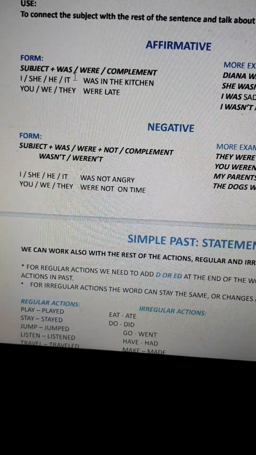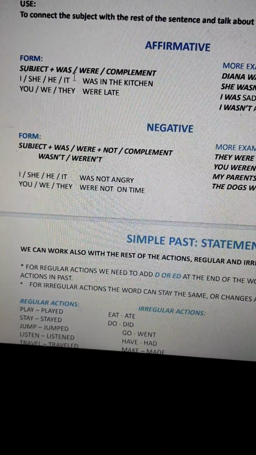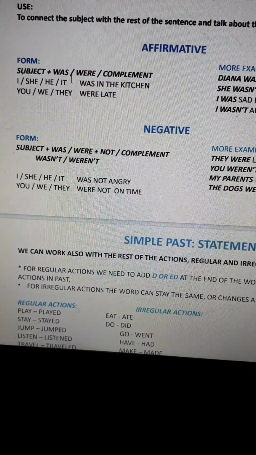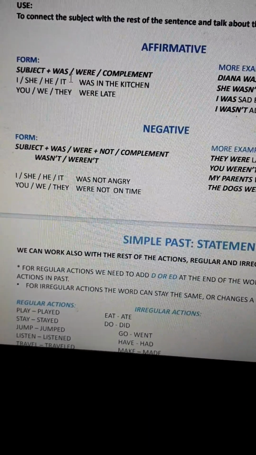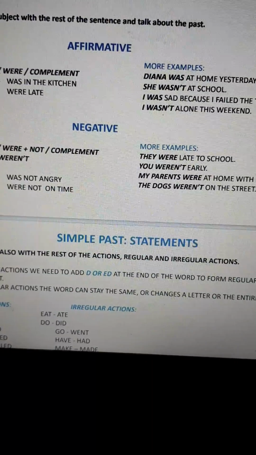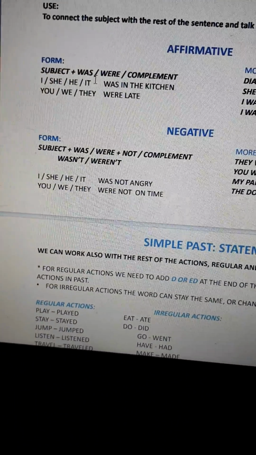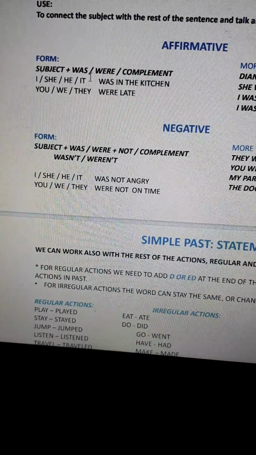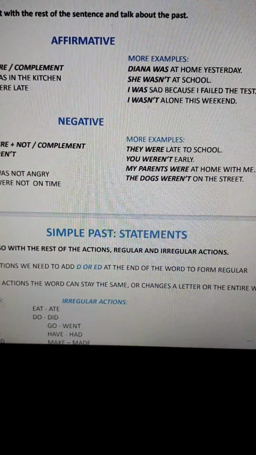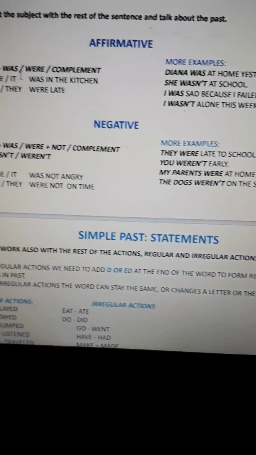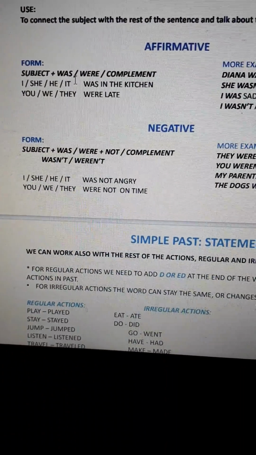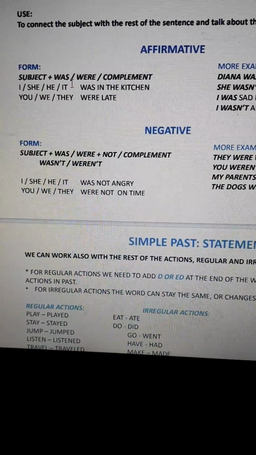If you're going to work with I, he, she, and it, we're going to use was, if you're working with the verb to be, as I already said, right? And for negative it is wasn't, okay? Now, if you're working with we, you, and they, well, we need to work with were, and the negative is weren't, okay? And if you are going to make a question, well, the question begins with was or were.